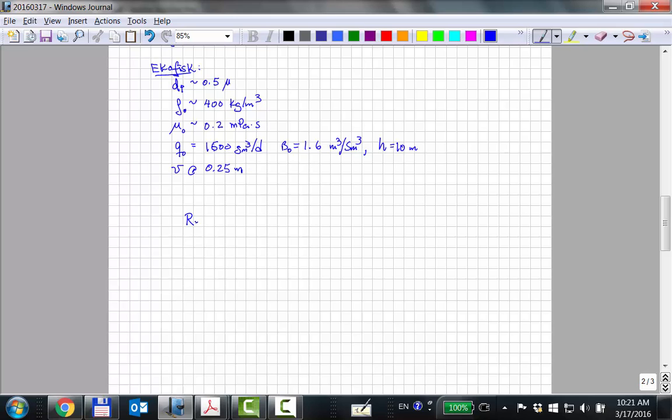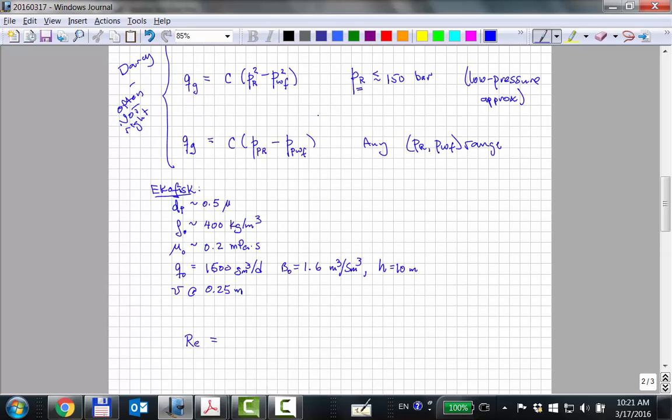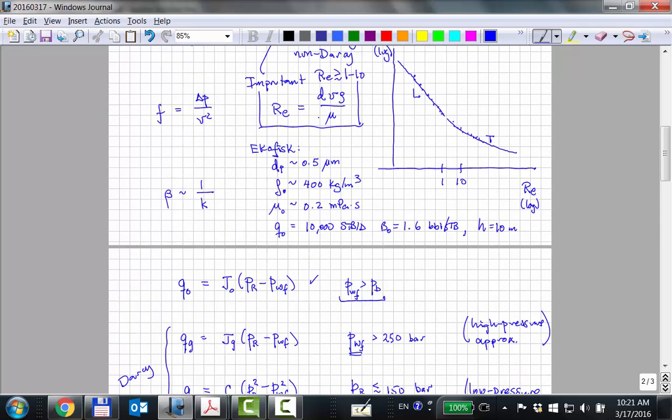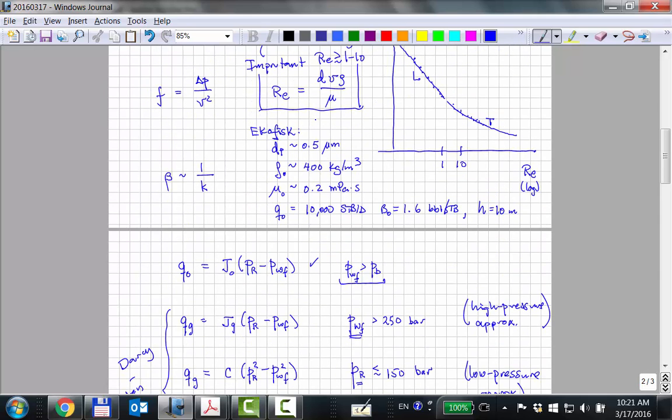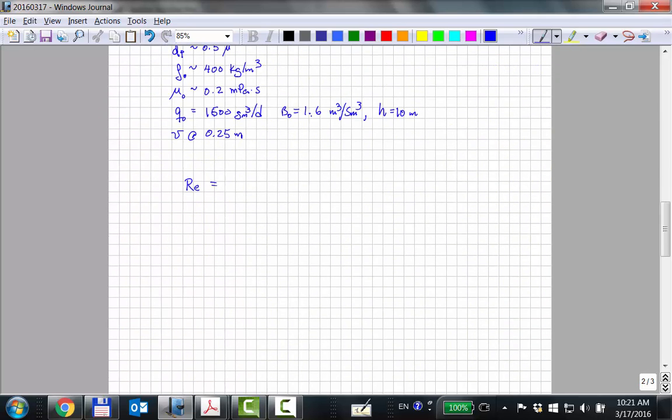So the Reynolds number is d v rho over mu. The velocity is this 1,600 cubic meters per day.